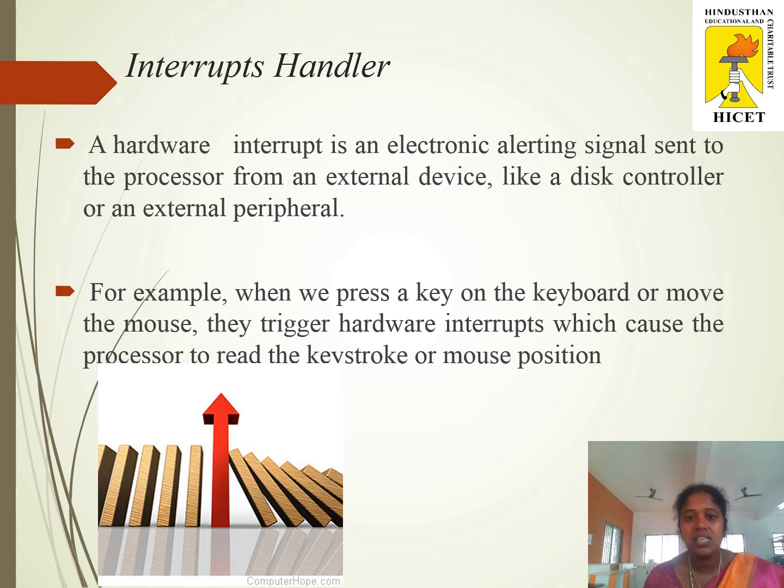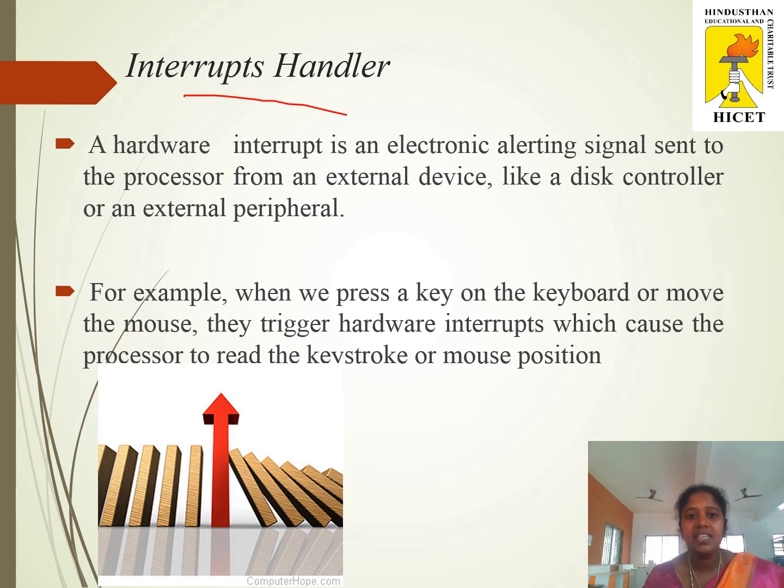Next is the interrupt handler. An interrupt is an electronic alerting signal sent to the processor from external devices through external peripherals. Once an interrupt occurs, the controller stops the current execution of the program and switches over to run the interrupt handler instructions.